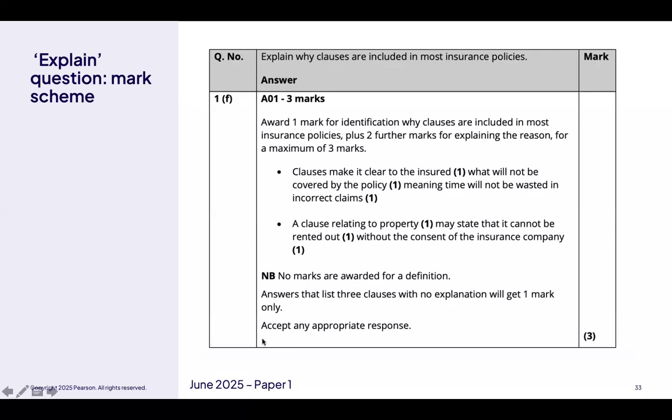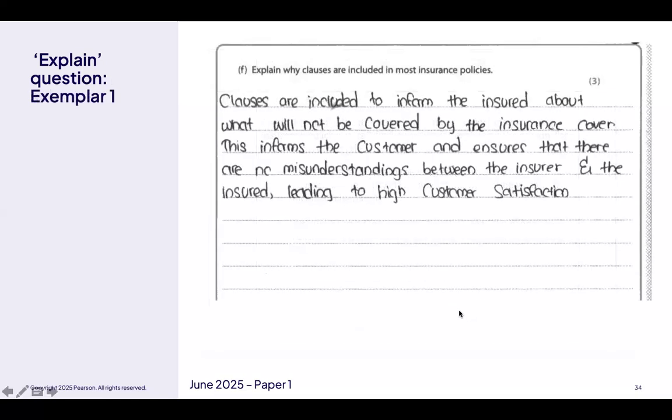Can I show you a student response from this year? From this year. So same question, same question. Now, can I let you have a read of that?